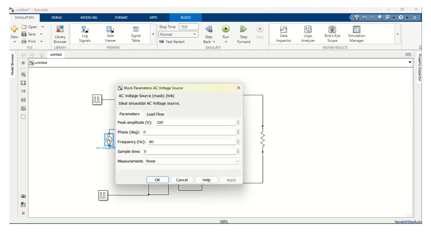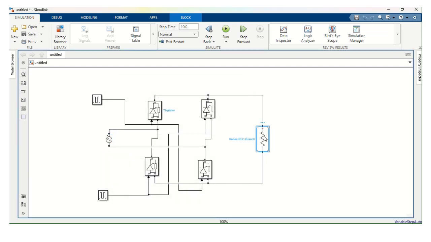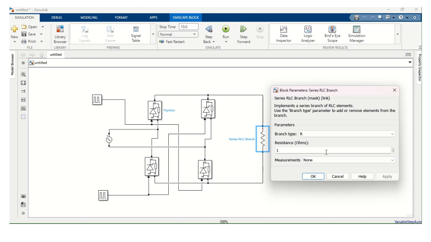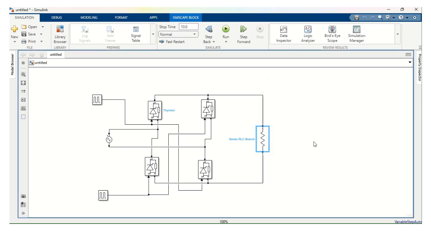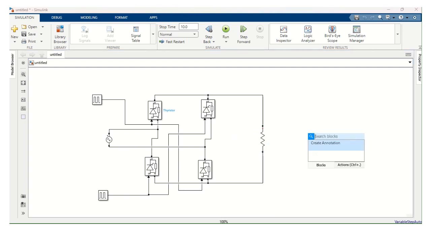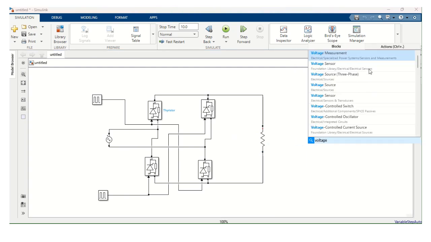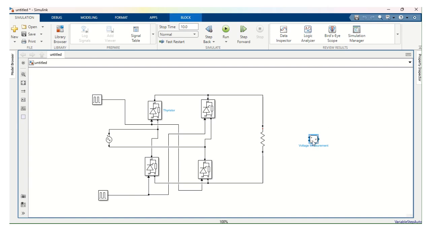Double click AC voltage source. Change the frequency to 50. Apply OK. Double click resistance branch and the resistance value is 1 ohm. So let's click OK. Now we need a measurement block, voltage measurement block. We are going to measure the output voltage and the input voltage. We need one voltage measurement block to measure the output voltage.